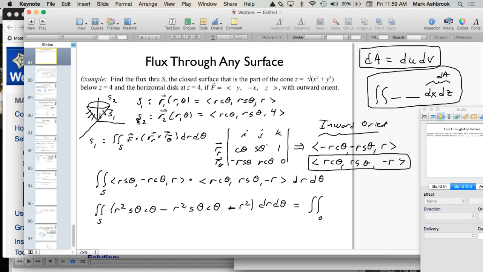So you're doing the polar, you're projecting it into the polar plane here. So 0 to 4. Yeah, the circle would be x squared, so it is 4. And then 2 pi. Negative r squared, dr d theta.